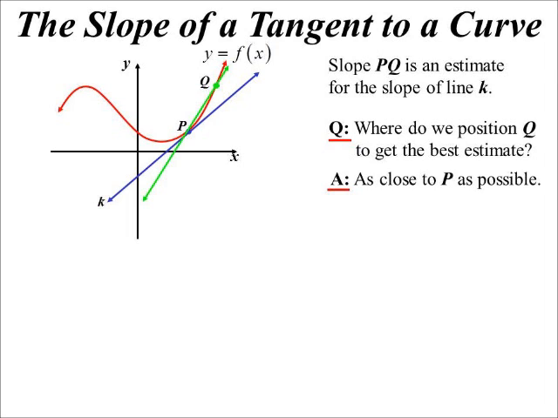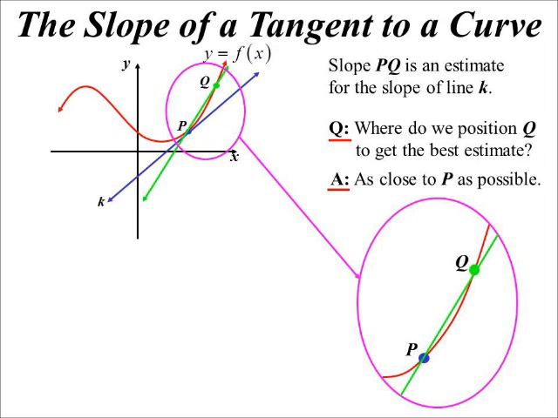So right, let's just magnify that up a bit. So there's P and there's Q. The coordinates of P will be x and then whatever function x when we substitute it in. Q will be x plus some amount h. I've moved along a bit. And remember, we want that h to be as small as possible, close to 0 as possible.